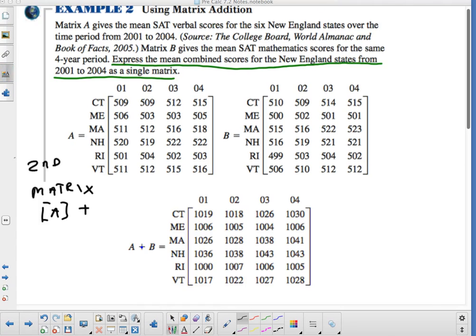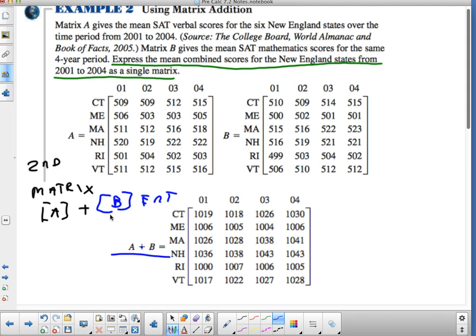Now keep in mind, after you enter this in your calculator, we just went through matrix entries into a calculator, you just hit matrix A plus matrix B and use that second value to get over. You hit enter and this is your result that comes out, in a matrix.